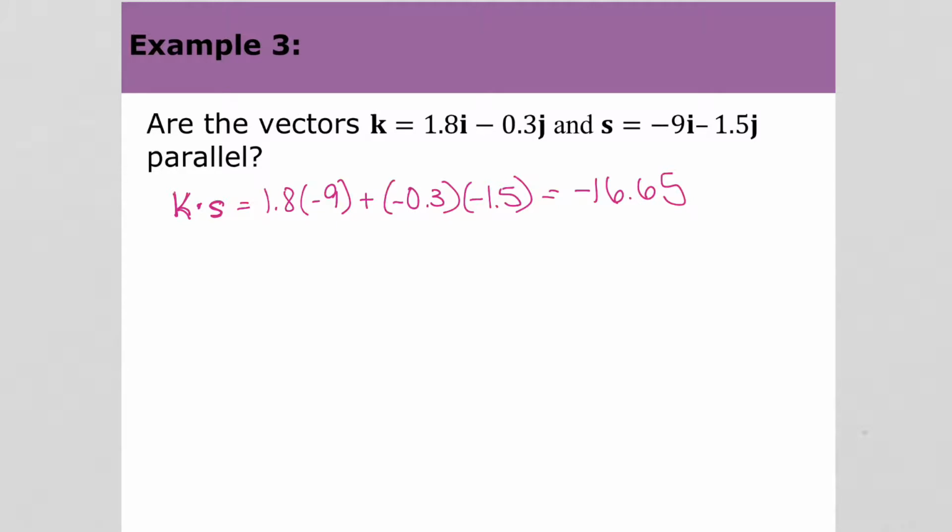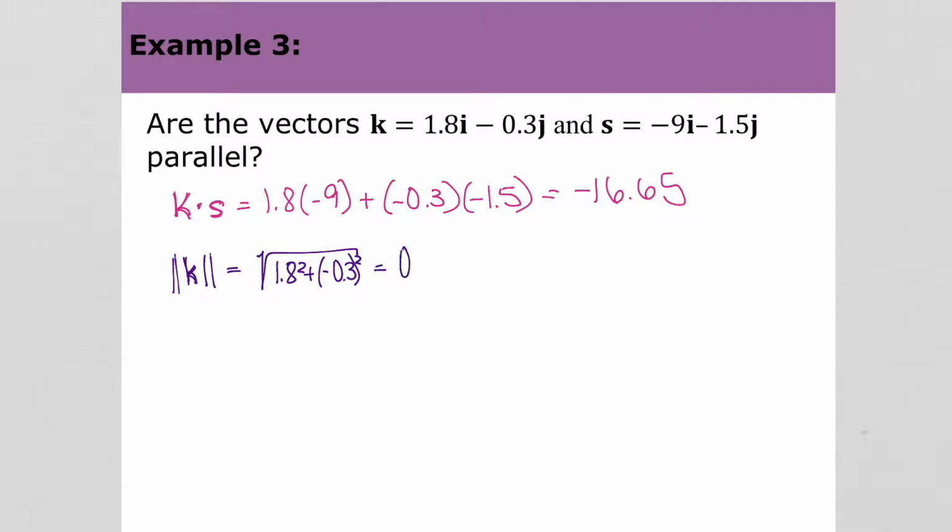Then we need to find the magnitude of each of them. So the magnitude of K would be the square root of 1.8 squared plus negative 0.3 squared.